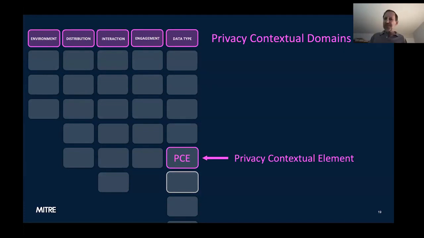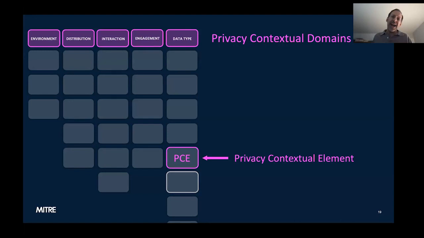Distribution. Does the attacker distribute personal information to anybody, or do they distribute it to one entity, many entities, basically all entities? Interaction has to do with how frequently the victim, the subject of the attack, interacts with the attacker or their proxy, and it can also be the victim's proxy as well.